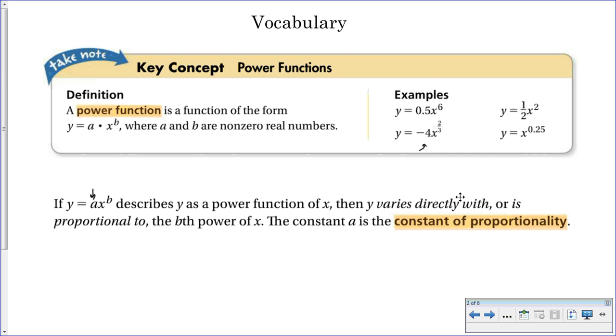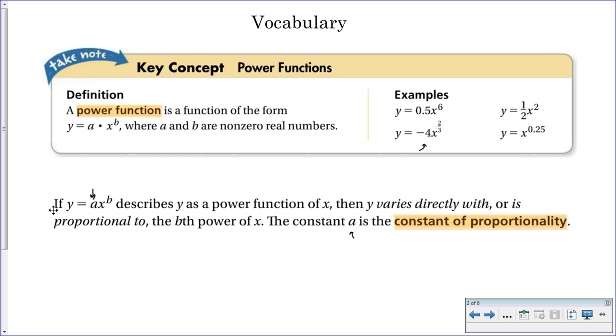Here are a few examples. Y equals 0.5x to the sixth, 1 half x squared, x raised to the 0.25. If you notice, this looks a lot like direct variation. And our constant of proportionality is simply the letter a, because a will never change in this function.